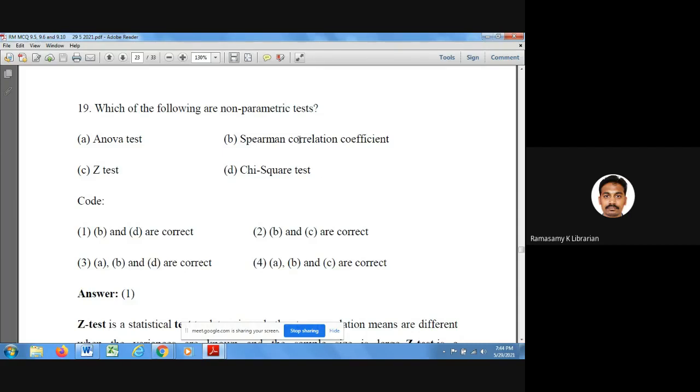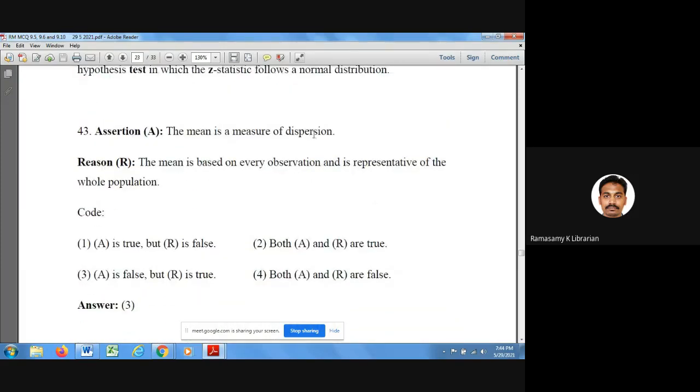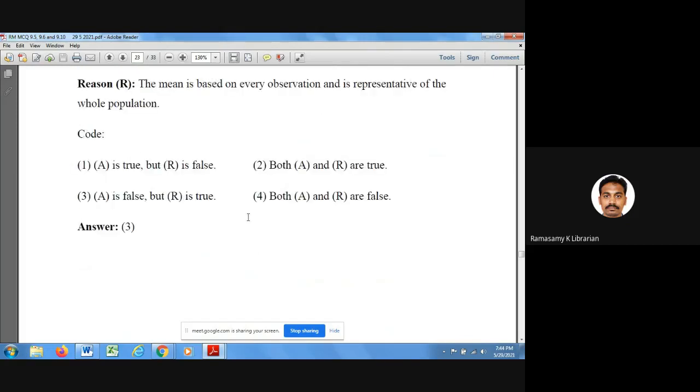If your data is ranked data, not numerical data, then you can go for Spearman rank correlation. So B and D are non-parametric tests. Then, mean is a measure of dispersion. It is false, because mean is a measure of central tendency. The mean is based on every observation and is representative of the whole population. So A is wrong, R is correct.